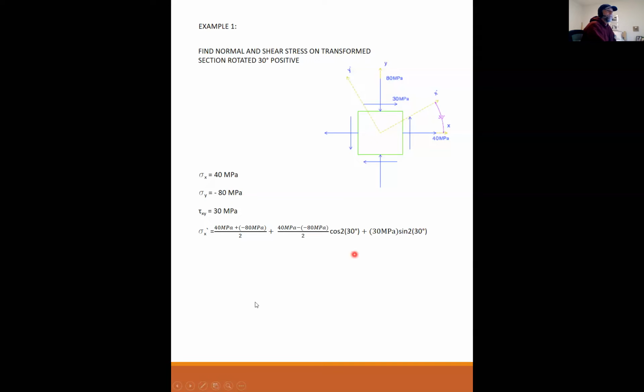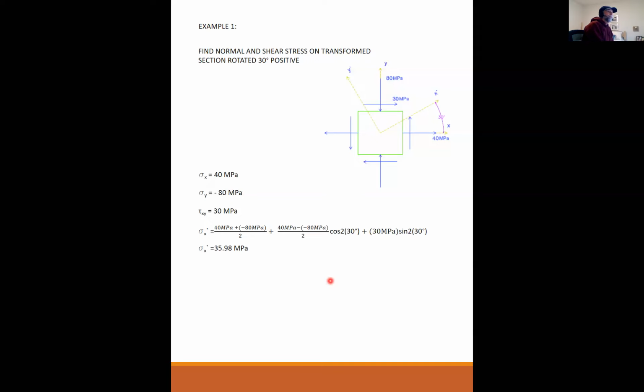That's it. Make sure you don't miss that. Also, what I did here is I was very deliberate about the way I inputted these. The sigma y stress is minus 80. So if it is sigma x plus sigma y, I put the plus, I put the negative. If it is sigma x minus sigma y, I put the minus, I put the negative. I suggest you do that to keep these straight.